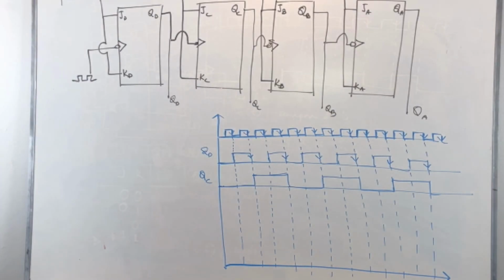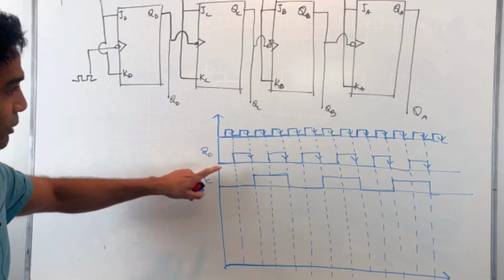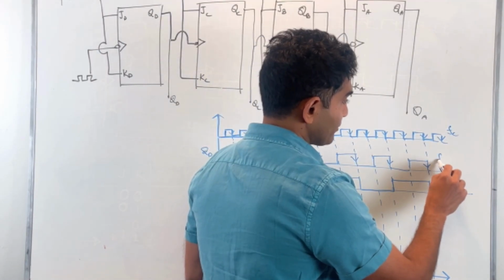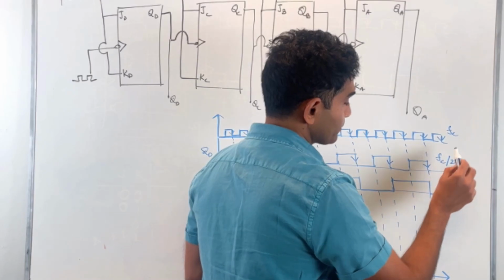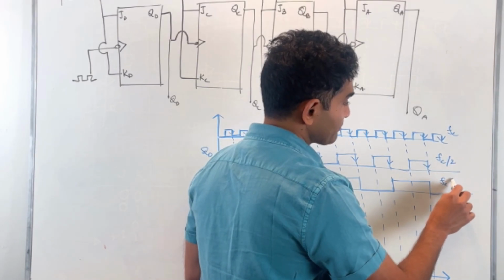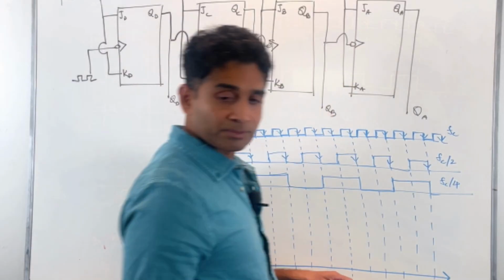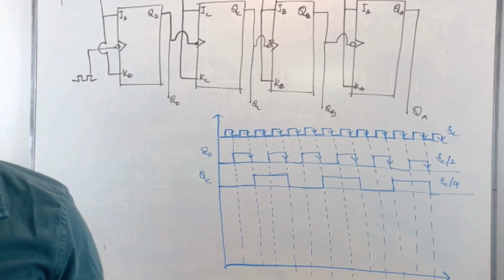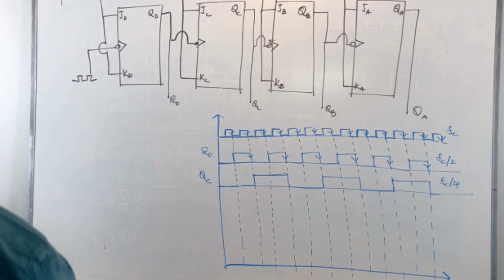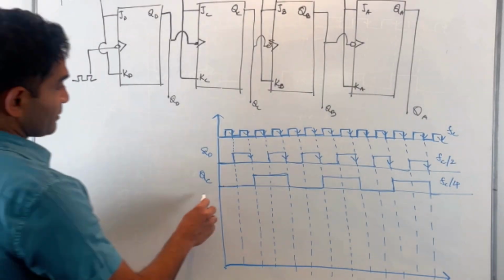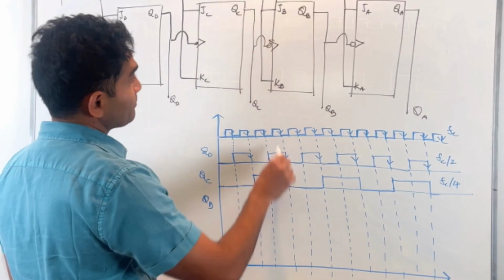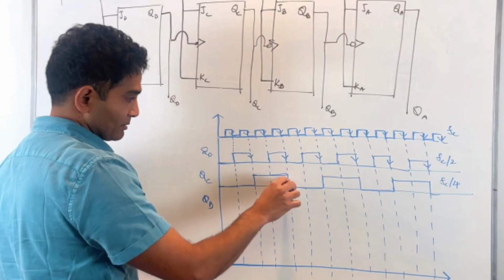Now, with respect to the master clock, if this is FC, the frequency of the clock, my QD was FC over 2. My QC would be FC over 4, right? Compared to the master clock, that's divided by 4. Likewise, if I wanted to do QB, for QB my QC is the clock. So these are the active edges.